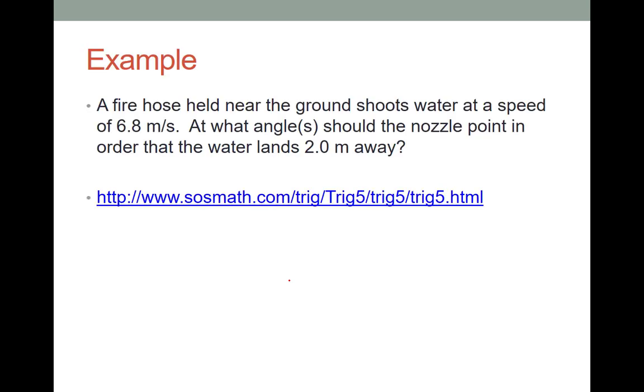Okay, last example for this part and this unit deals with a fire hose. This fire hose is being held near the ground and it shoots water at a speed of 6.8 meters per second. And we're asked what angles should the nozzle point in order that the water lands 2 meters away. The other thing you'll notice on this slide is that lovely link.